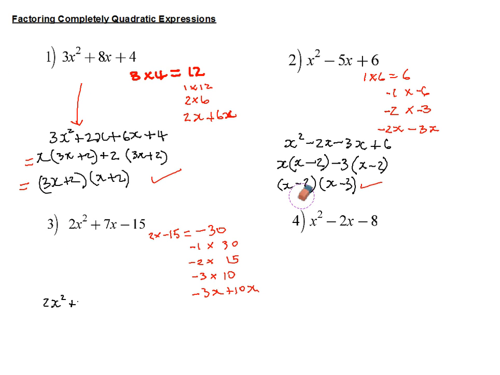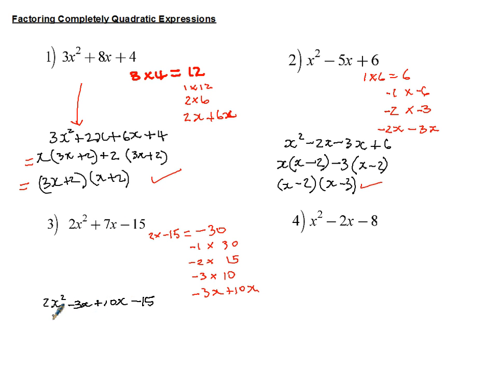We are going to write 2x squared minus 3x plus 10x minus 15. So you rewrite the 7x as minus 3x plus 10x.